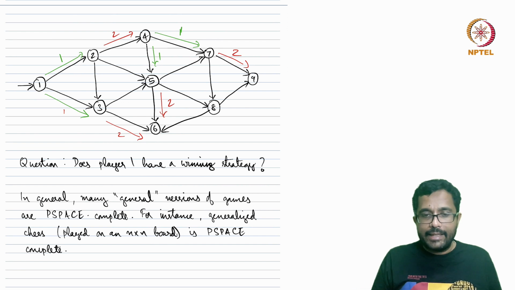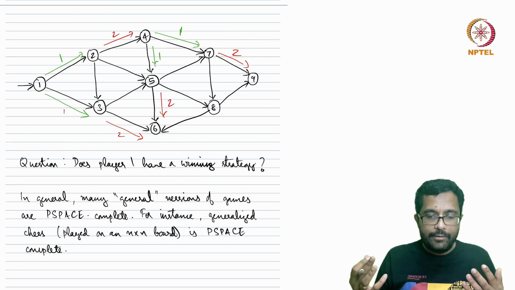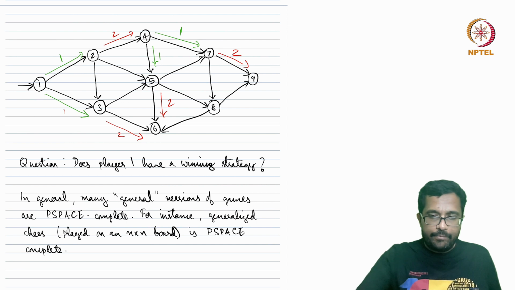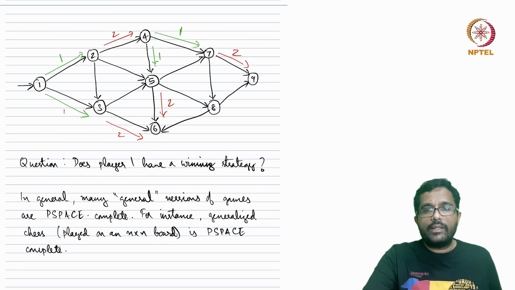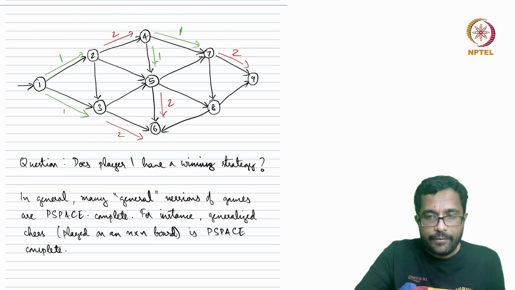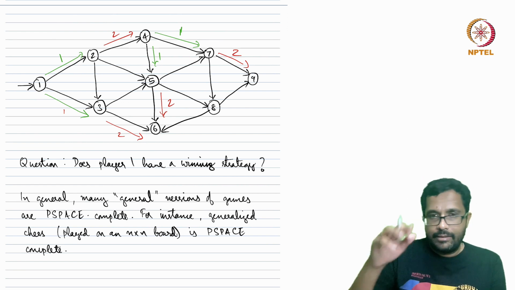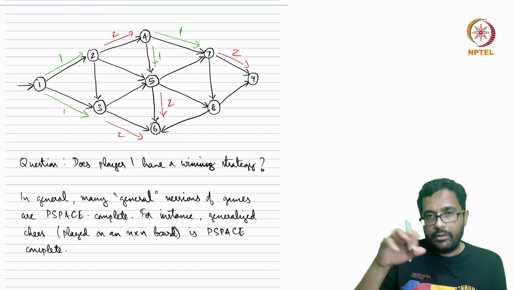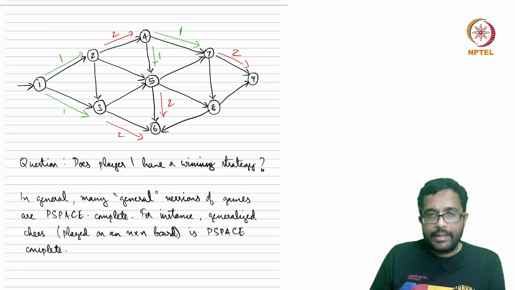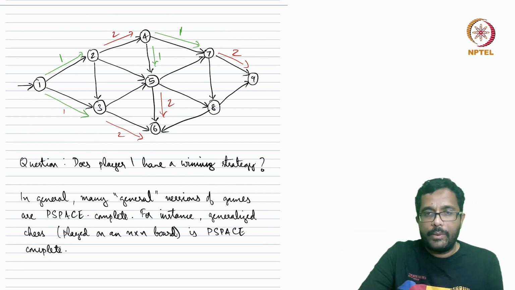So chess is a finite game, so you cannot really ask whether it is PSPACE, or whether there's a white win or a black win on chess. It's a very finite game. It's like the game tic-tac-toe, right? You put noughts and crosses, and whoever gets three in a row wins.